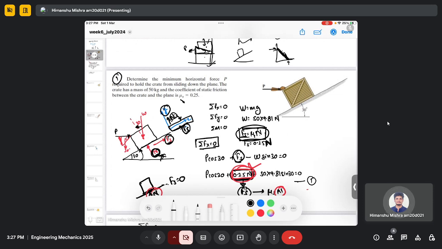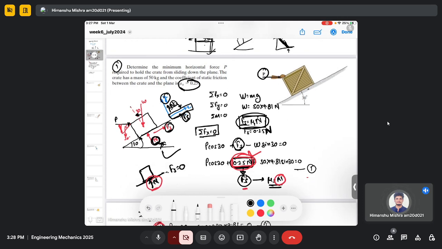So just to recap, here we have the crate and the external force which we have applied to the crate, and in the question we have been given the coefficient of friction, which is 0.25, and we need to solve for this external force p. So first, as usual, we need to make the free body diagram and identify all the forces and the coordinate system.